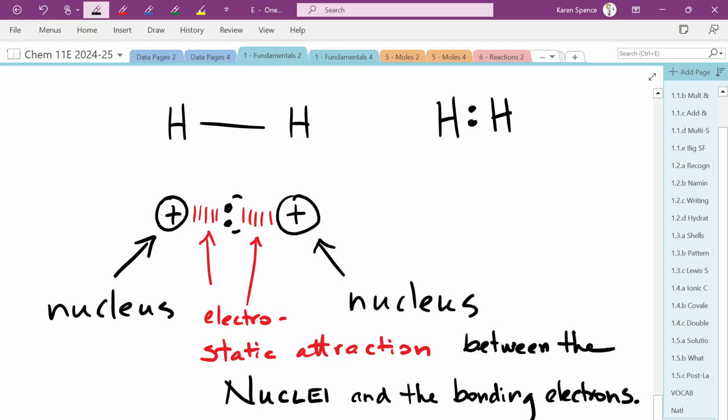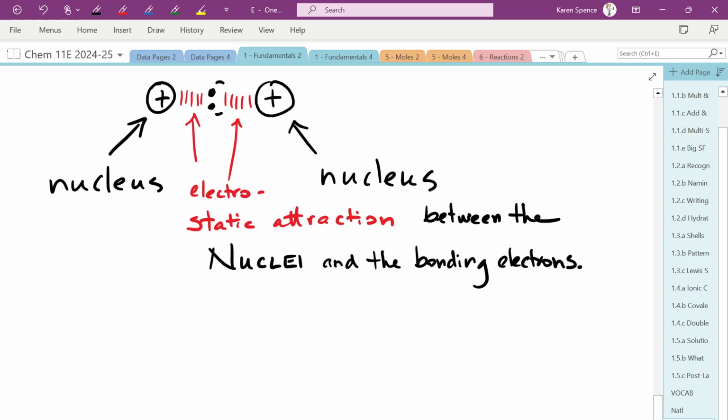Is that good? Okay. Do you remember in an ionic bond what the things are that hold the ions together? What are the positive and negative things in an ionic bond? The ions. We've got a positive ion and a negative ion. What about in water? Why isn't water a gas at room temperature?